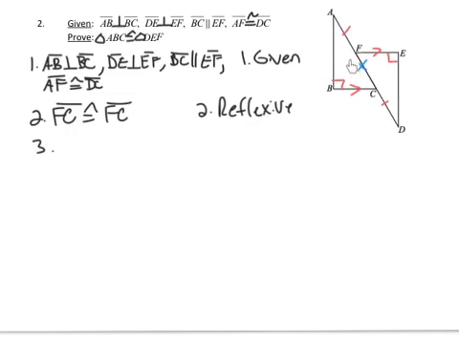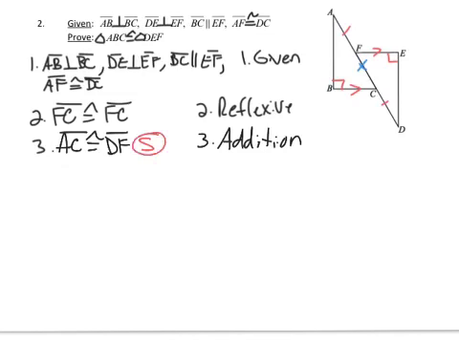Because the parts are congruent, we can say the entire sides are congruent by addition. So I can say that AC is congruent to DF. And all you have to say is addition, because you are adding congruent things together. Okay? And then, so that's our side.